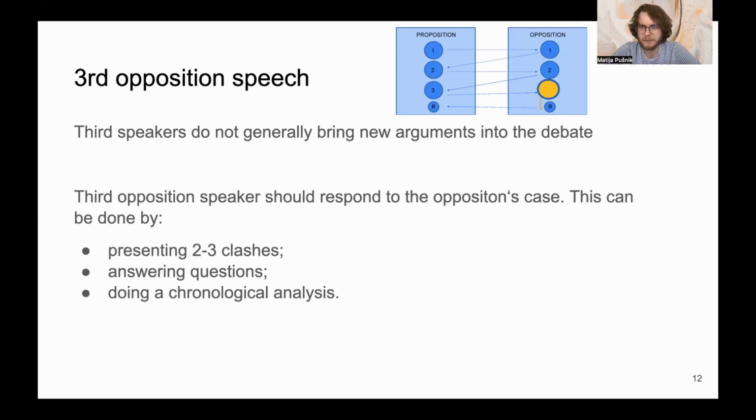The very same holds true to the third opposition speech. There should not be new arguments in that speech. There should be analysis of the whole opposition case, or the whole case of their opponents, either presenting clashes, either answering questions, either doing chronological analysis, or anything else.